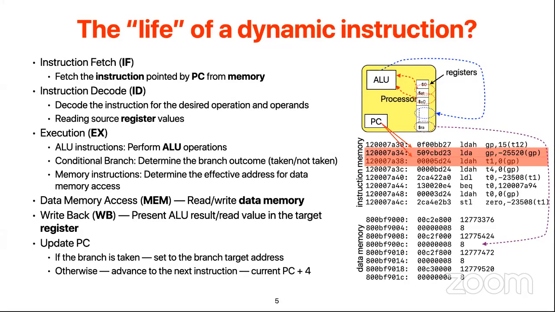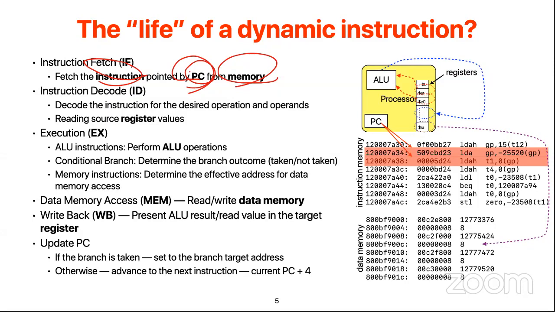First of all, we have to fetch the instruction pointed to by the PC from memory. This stage is called instruction fetch. So we fetch the instruction from the instruction memory at the location pointed to by your PC. PC, program counter, we give it a different name, but it's actually the memory address of an instruction.